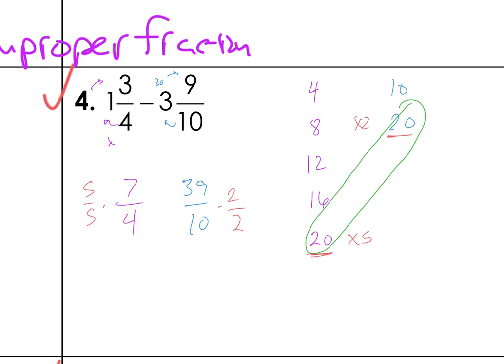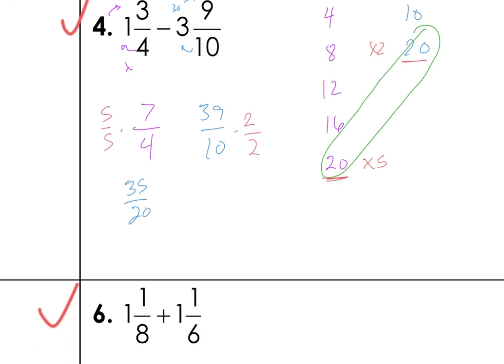Here's the 5 over 5. 5 times 7 is 35/20. 39 times 2, you might not know how you can do this in your head, is 40 times 2 is 80. Didn't have to write that out, just communicating visually. And then if we just subtract the 2, that's how you'd get 39 groups, because we're taking out a group of 2s. So that would be not 30, that would be 78/10.